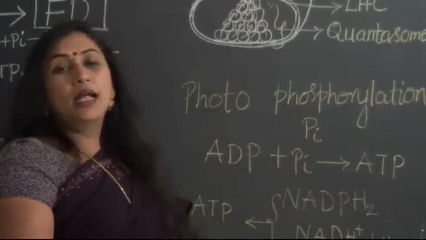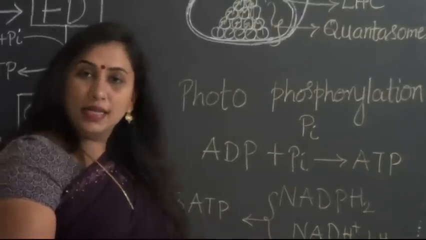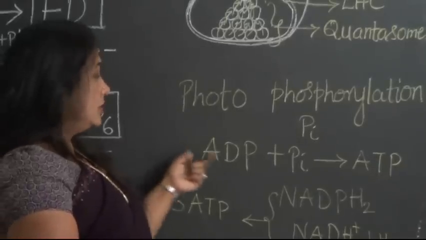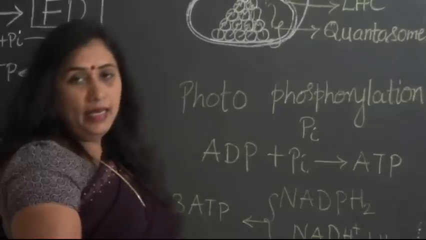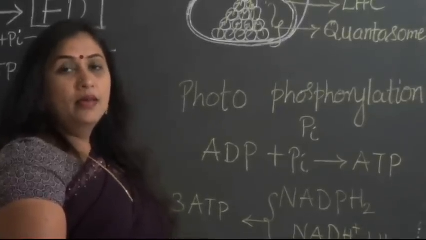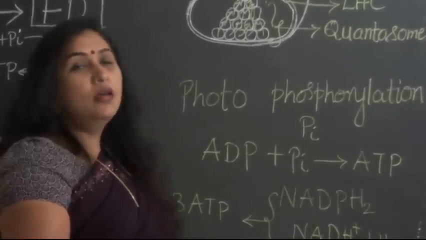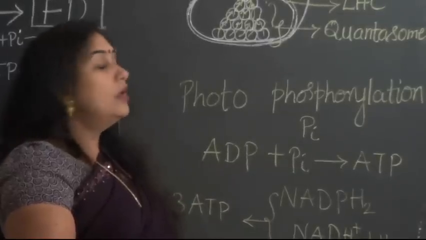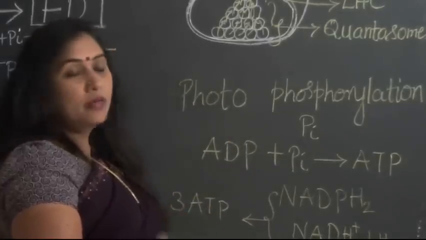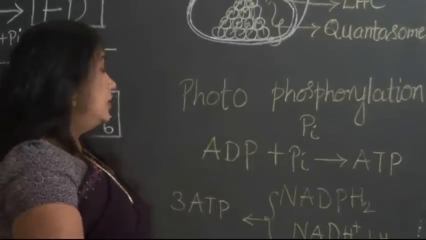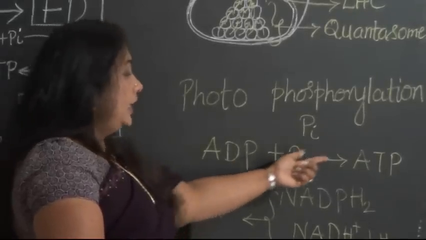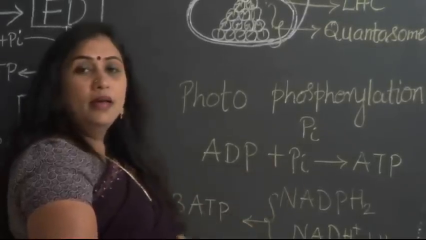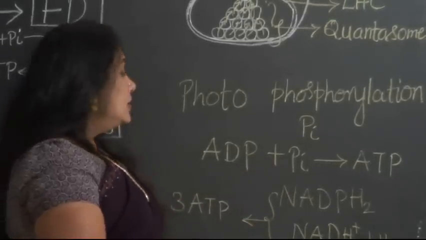For the formation of that chemical bond, it requires energy, and that energy is given by this chlorophyll A, which would have the energy rich electron, which would be excited and released from the chlorophyll molecule, and that on its way back will convert the ADP to ATP by making a bond between ADP and inorganic phosphate.